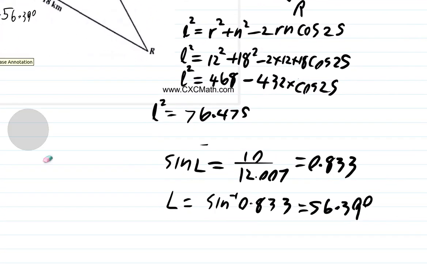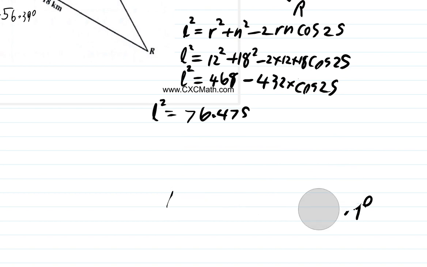So what is l? Let's erase the working from the previous part of the question. I want to calculate l. l is going to be the square root of 76.475, which is what?